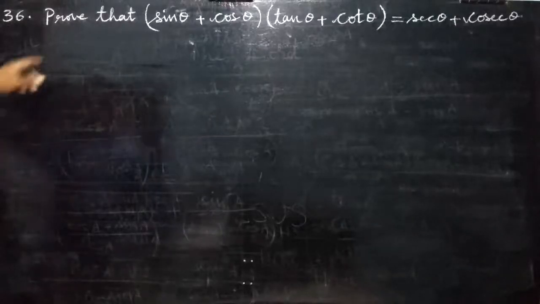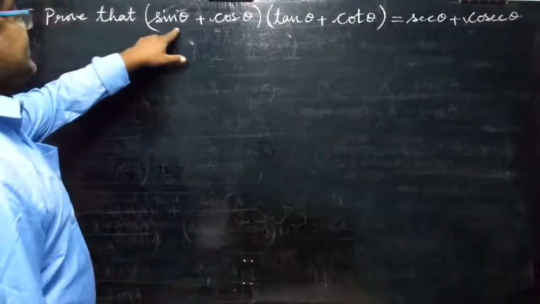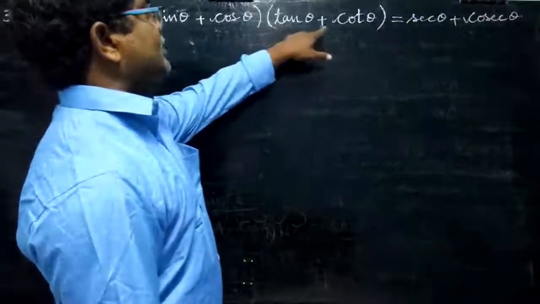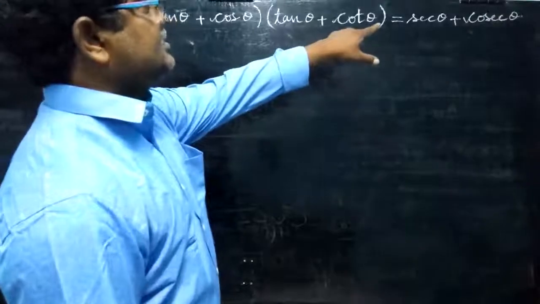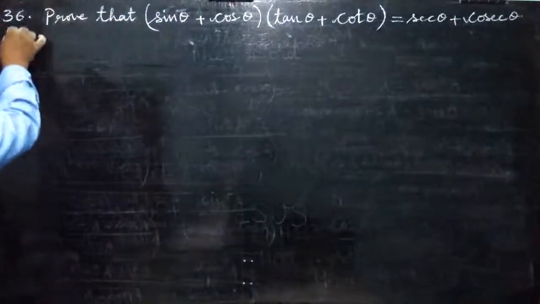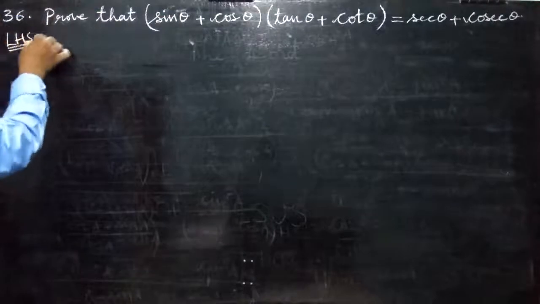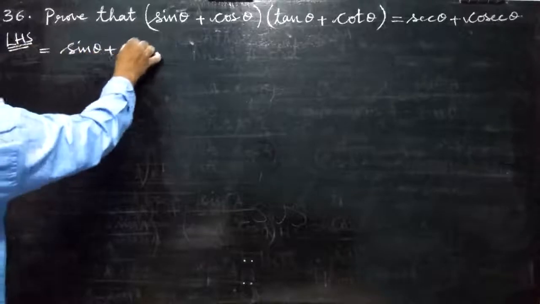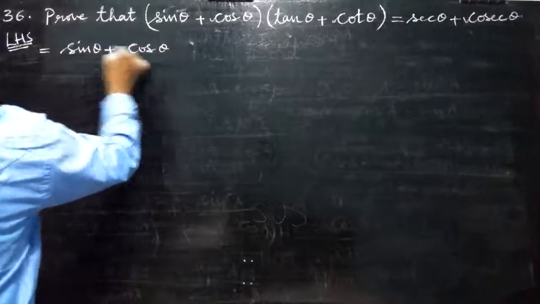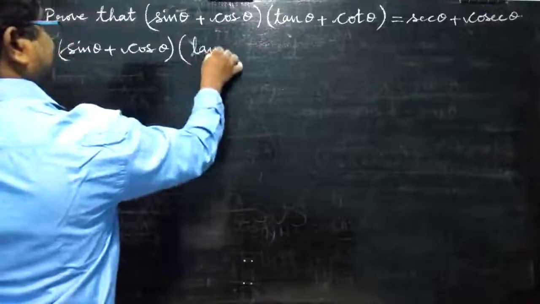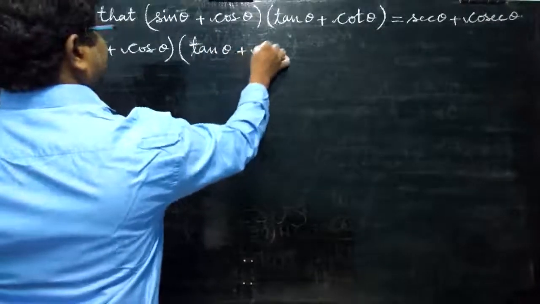36th problem. Prove that sin theta plus cos theta into tan theta plus cot theta is equal to secant theta plus cosecant theta. Take LHS. What is the LHS given? Sin theta plus cos theta in a bracket into tan theta plus cot theta.